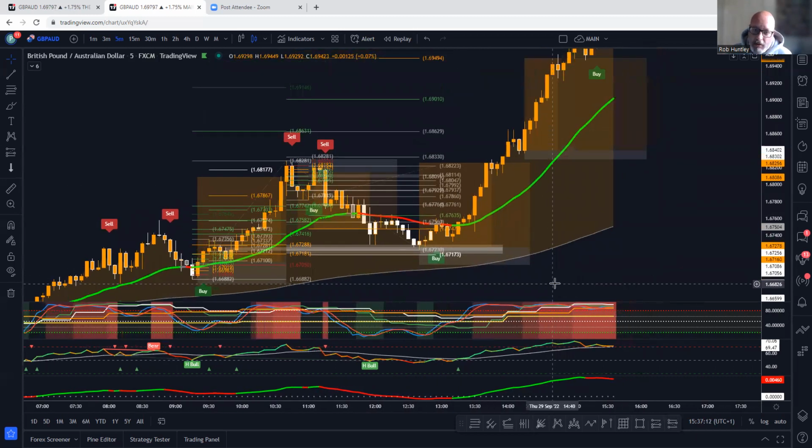And even if you took the trades just based on those, if you got in on that one like I did, then you would have got a bit of drawdown, but it depends what sort of lot size you're using in relation to your account size, whether you can handle that drawdown.